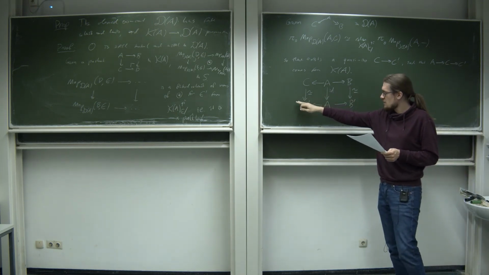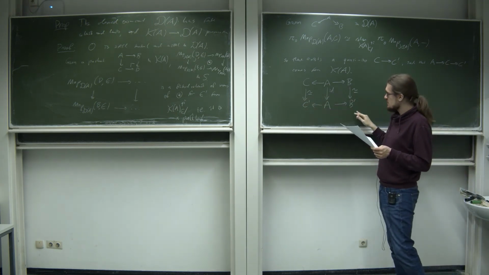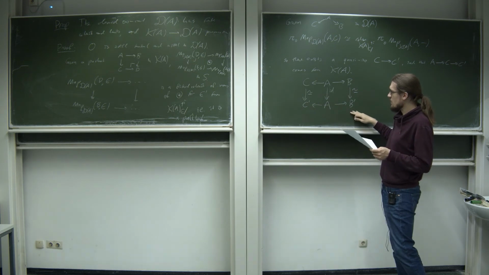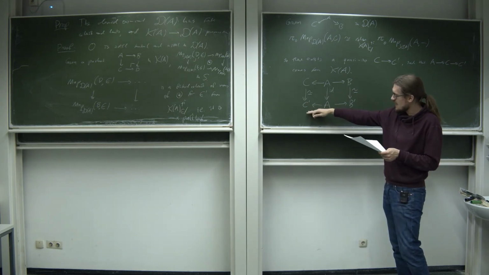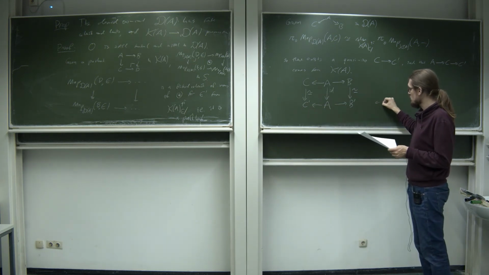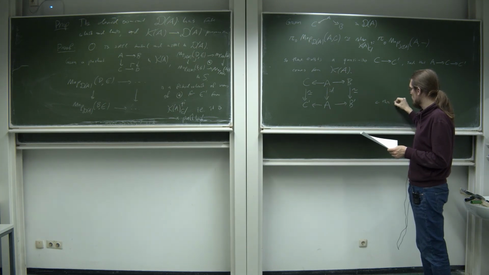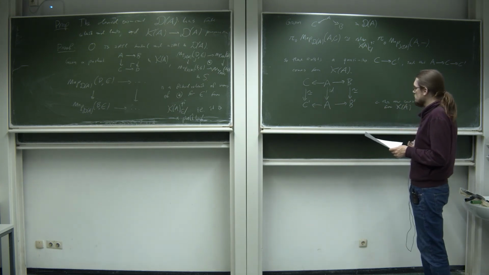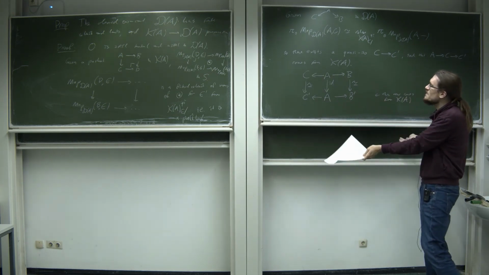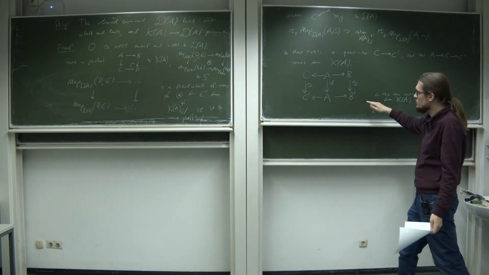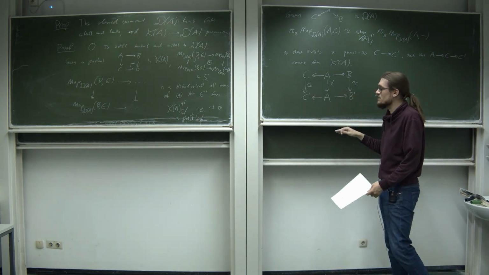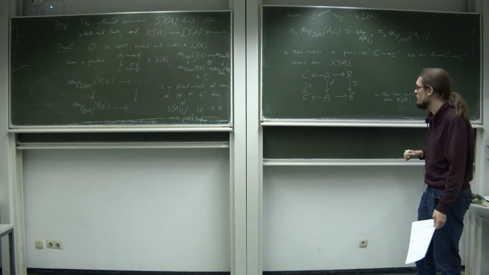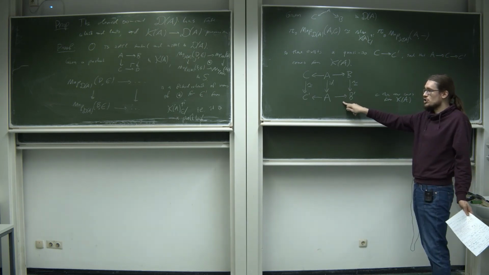And the claim is that this diagram down here, by construction, this row comes from K of A. Right? This is a diagram in D of A, but we're saying this row of it actually lifts to a diagram in K of A. So this has a push out.